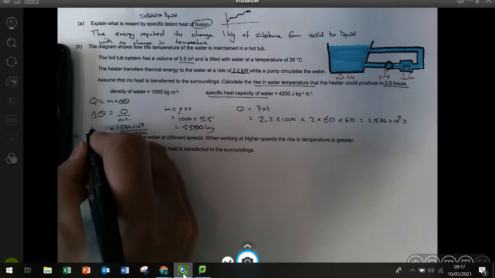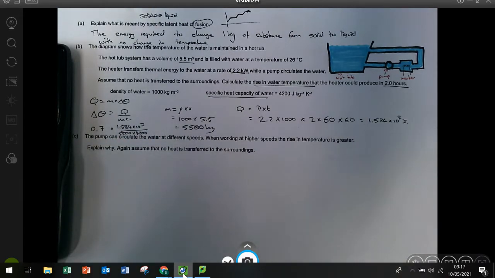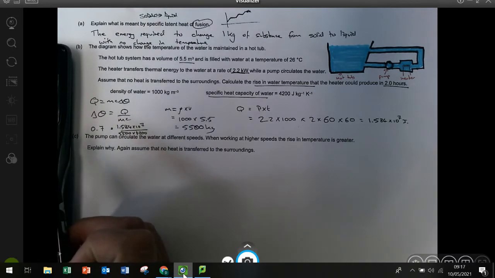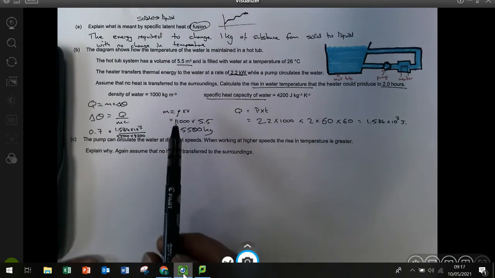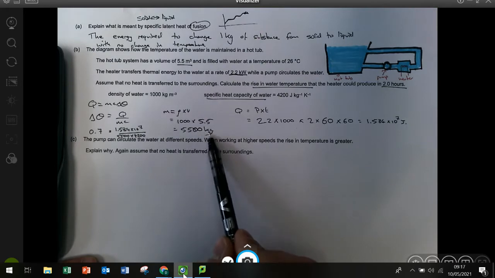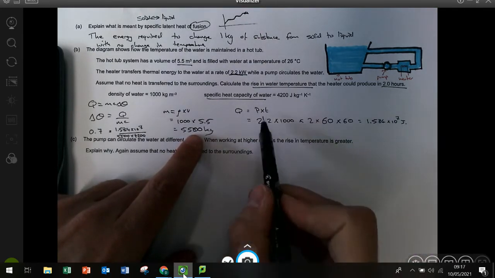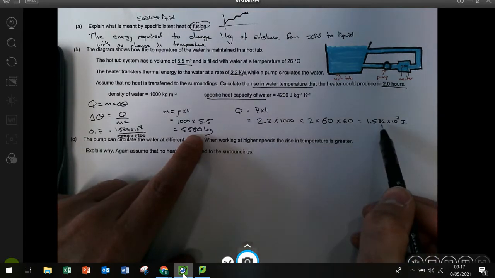Which is 0.7. That doesn't seem quite right. That seems very small. So I'm just going to do a quick check. Have I made any mistakes? 5,500 kilograms. Power times time, 2,000 times by 2 hours.